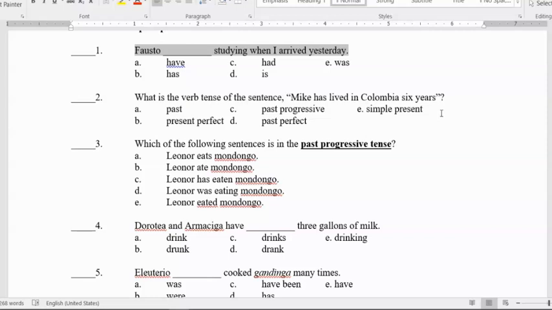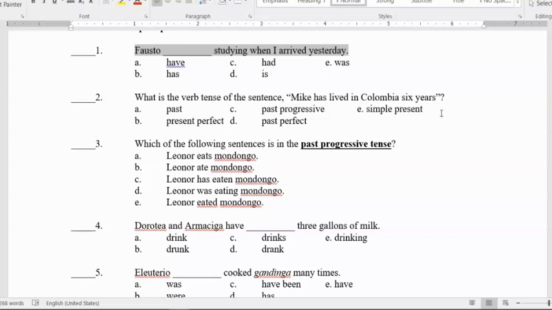And the reason for which we use was as a modal auxiliary is because the subject is third person singular. We know that the modal auxiliary was is used with subjects that are first or third person singular. In the second sentence, Mike has lived, something similar happens.